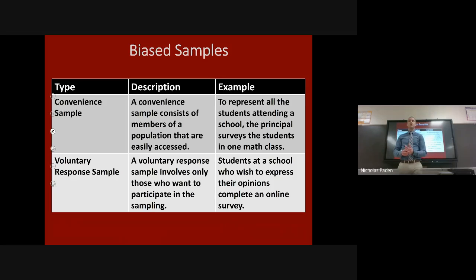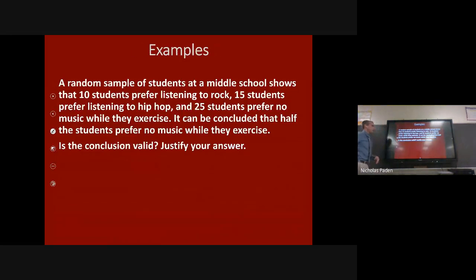So those are the two types of samples. They're not random. One is convenient, one is voluntary. That means they're not random, which also means they are biased. So what we're going to be doing with our examples is looking at the way that these samples are collected and then figuring out, is it valid? Another way to say this, is it valid?